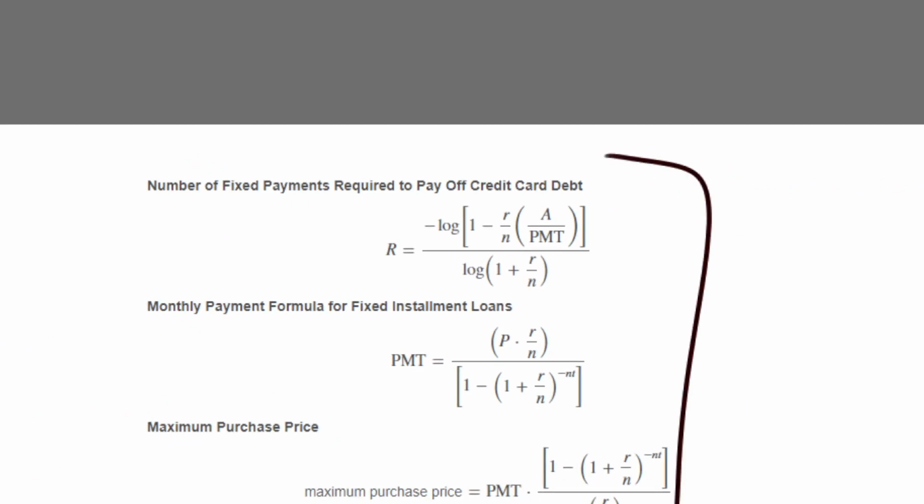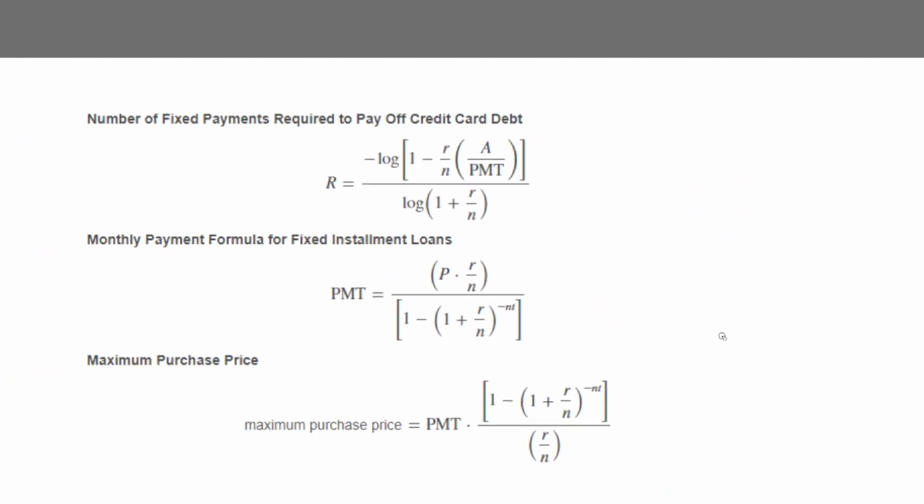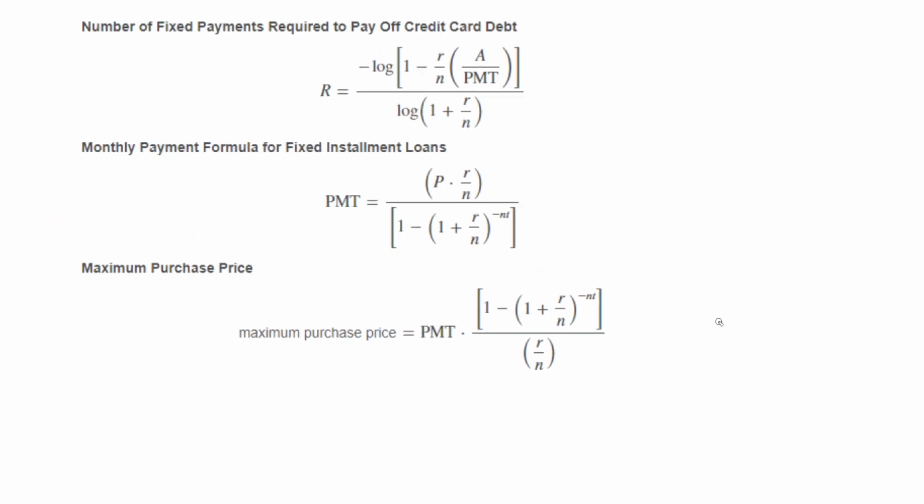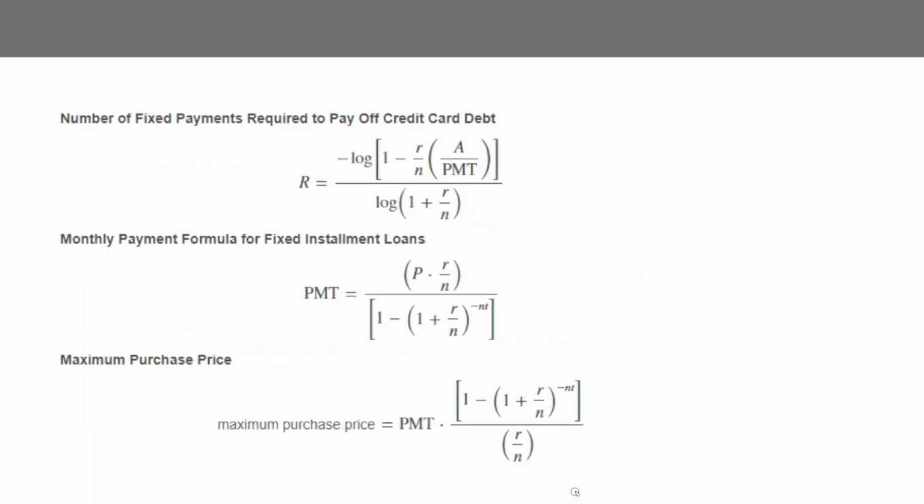There are these three formulas that we deal with. Again, you will not have to memorize these. You just need to know how to apply them. Now this one that is R equals, the R basically stands for months. How many months? The equation is trying to figure out how many months it will take for you to pay off your credit card debt.